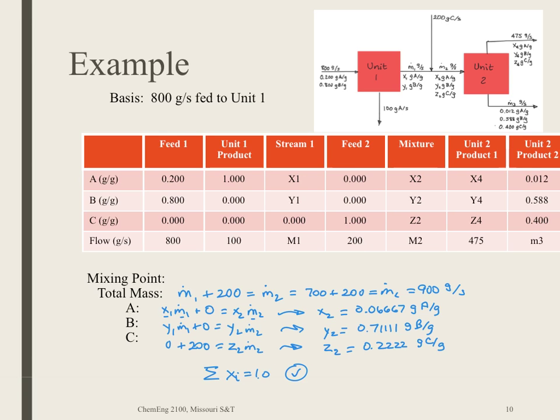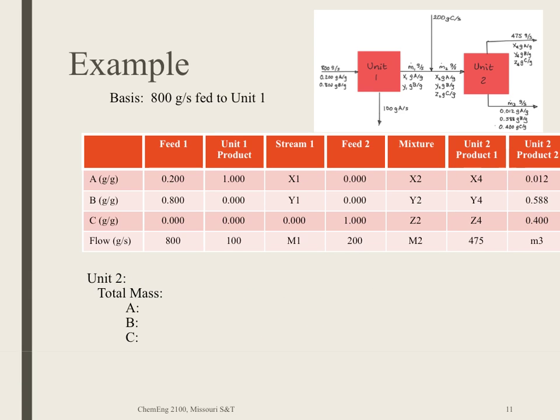So at this point, I know all the various variables that I would need. I'm ready to simply answer the question. I can also do unit 2 very quickly. M dot 2 equals 475 plus M dot 3.